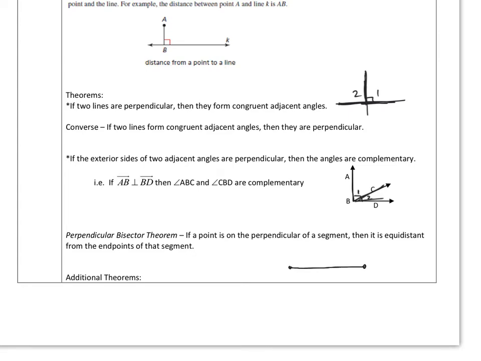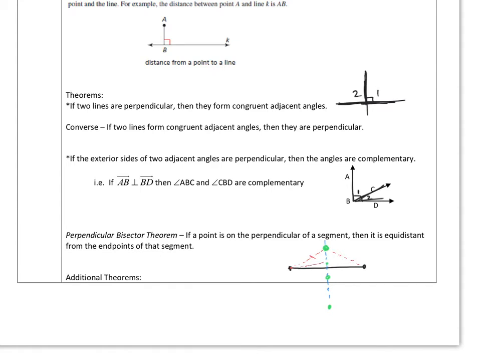If I had some segment right here, and I put the perpendicular bisector right here, wherever I put a point, whether it's right there, down here, way out here, or really up close, and then I connect them, this segment will be congruent to that segment.